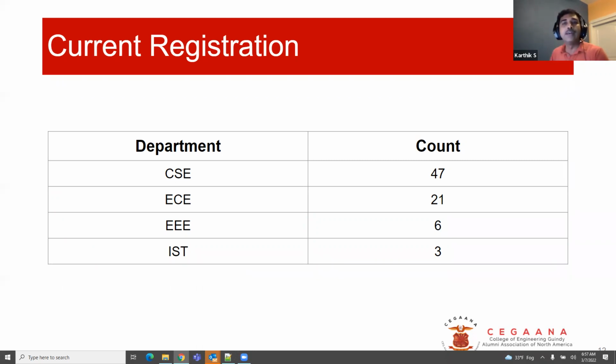But if the students can help by telling their friends, we don't want to miss out on any interested student from these 4 departments in the 6th semester. So please talk to your EEE and IST friends and ask them to join. We do have some space. I think we have about 77 registrants, and our Zoom accounts allow 100 participants without any workarounds. So we have some space left. Talk to your friends and see if they would be interested in joining.